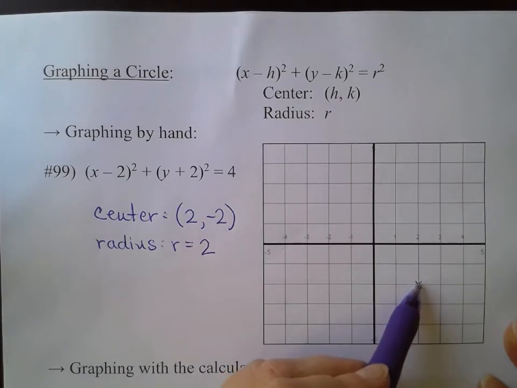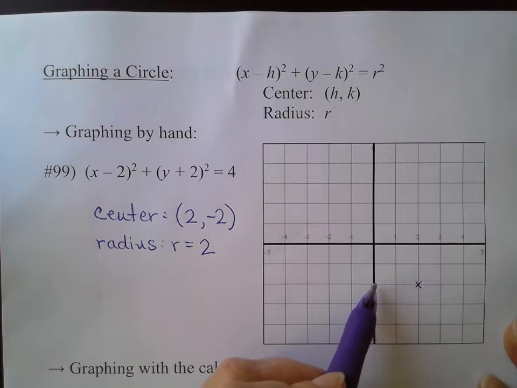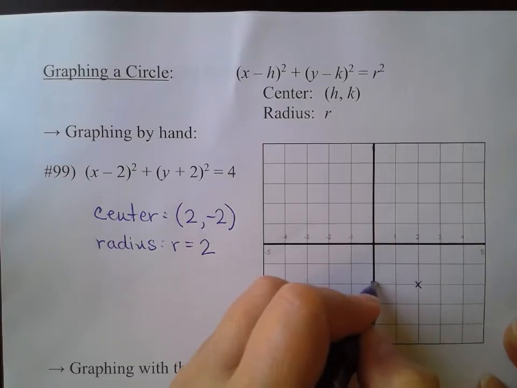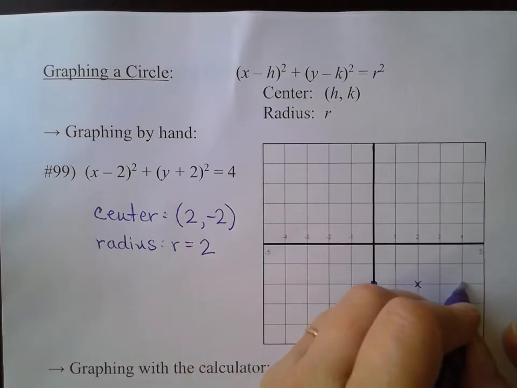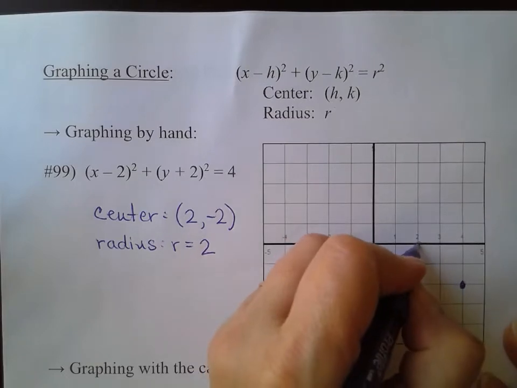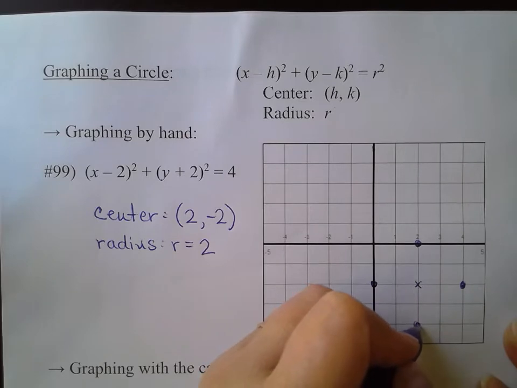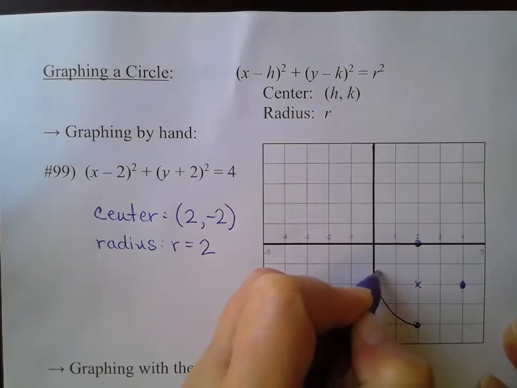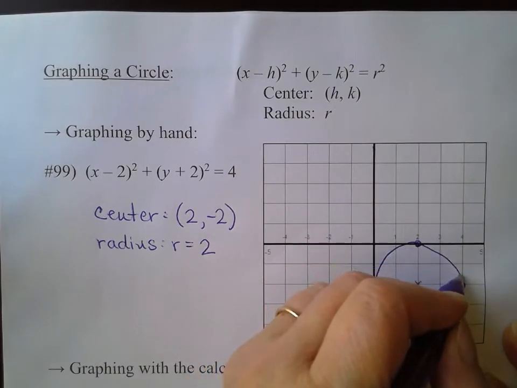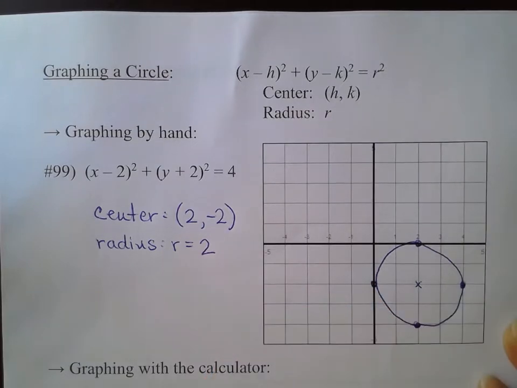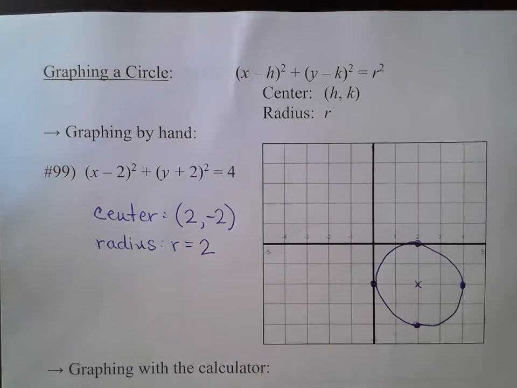And then from there, the circle is going to stretch out 2 units. So I usually mark the corner points: 2 units on the left, 2 units on the right, 2 up, 2 down, and then I try really hard to draw a good circle that passes through those 4 points. Okay, that's decent, but not perfect, but that's okay.